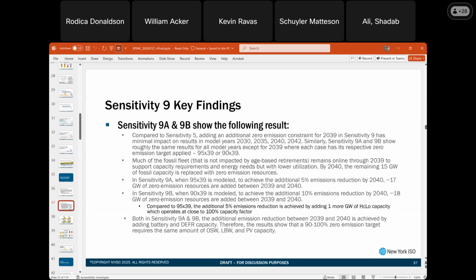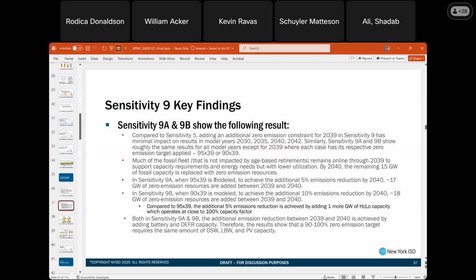So when we look at this compared to sensitivity 5, when we add the additional 2039 constraint, it has minimal impact on the results in all of our regular model years, so 2030, 35, 40, 42. It's roughly the same result for all model years except 2039, where each case has its respective emission target.